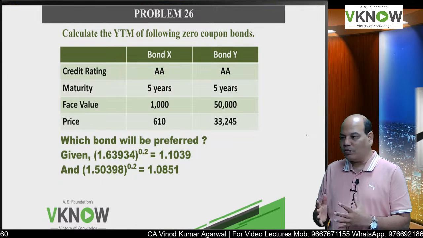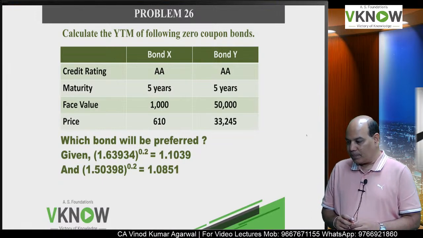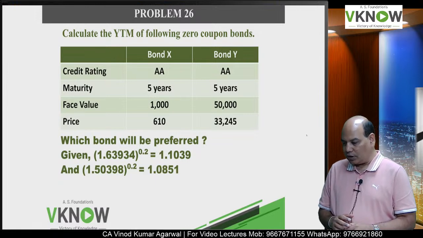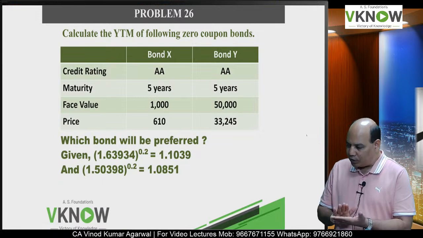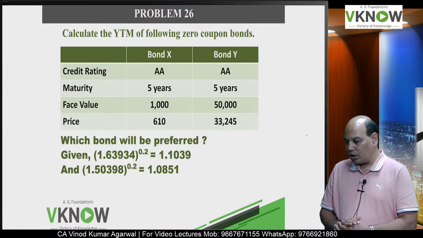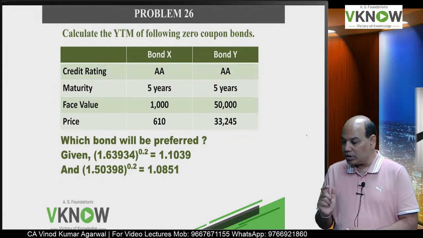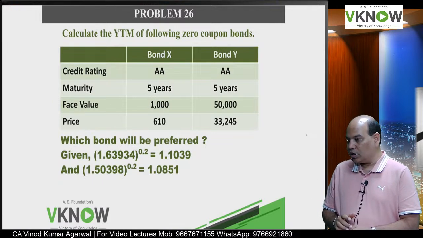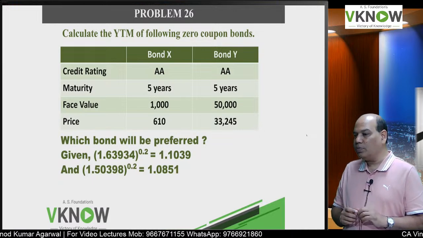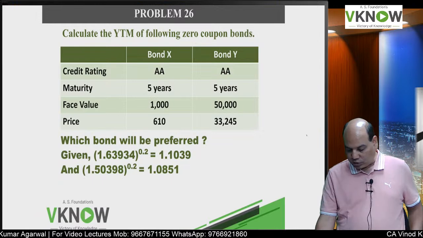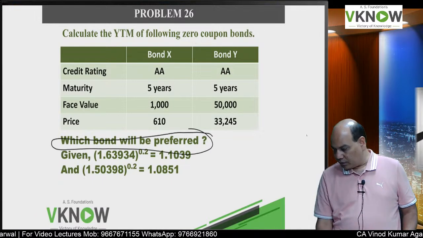How much risk is involved? That is not going to affect this answer. Maturity is also same, 5. Credit rating is also same, maturity is same, face value 1000 and second is 50,000. The current market price is 610 and 33245. Both are zero coupon bonds. Which bond will be preferred? Without solving, theoretical discussion, which bond will be preferred? Yes.